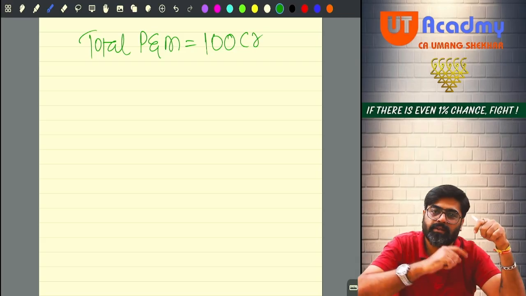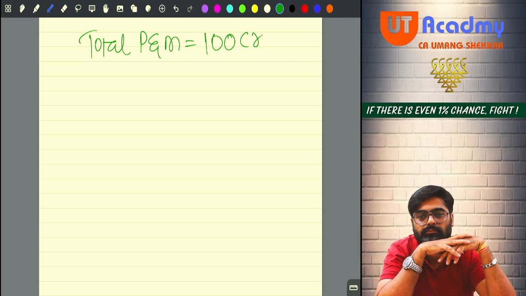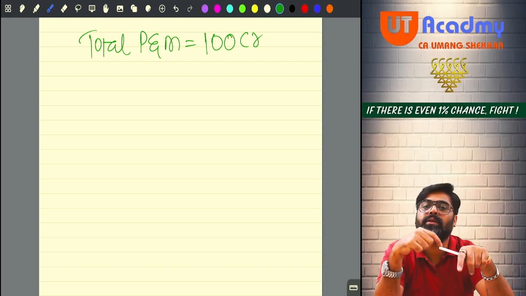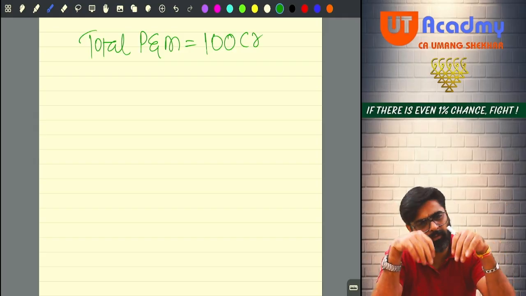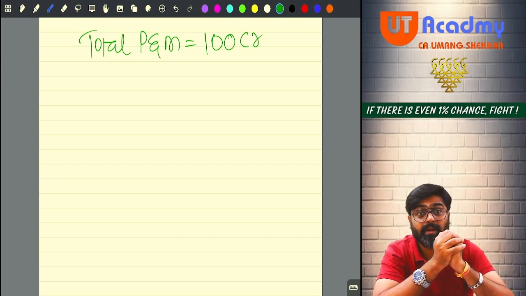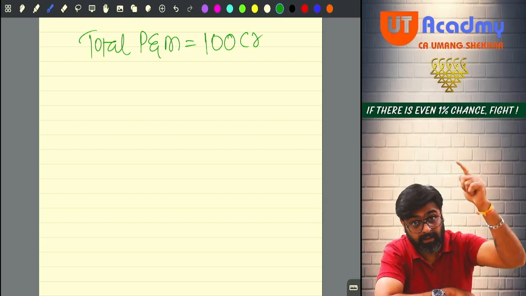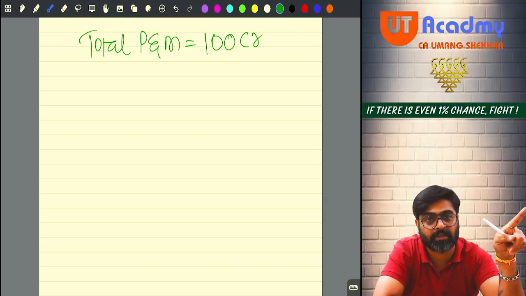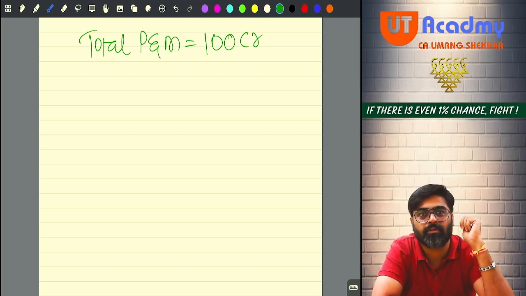First, we want that this entire 100 crores should be new. But asking you to buy the entire plant and machinery new will be too much. So we will allow old also, second hand also. But the second hand plant and machinery bought and installed to commence the operations should not be more than 20% of this.